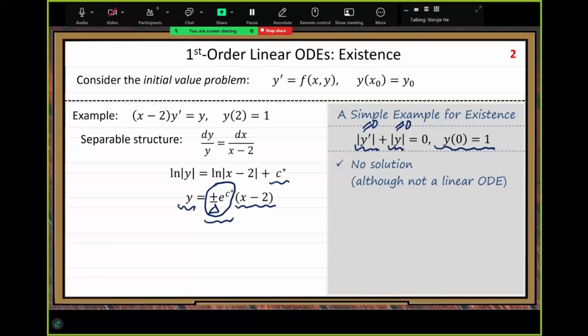Yes, the simple way is that we can use just one c, because the c could be positive, could be negative, right? But this c cannot be 0. It's a non-zero constant, because e to any constant cannot be 0. E to any c star constant can never be 0.